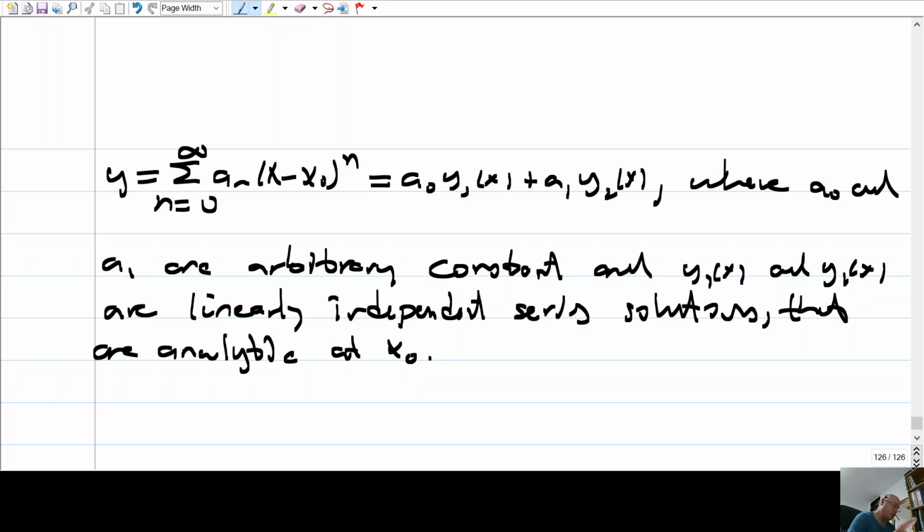And actually the radius of convergence of these yi's is like this.